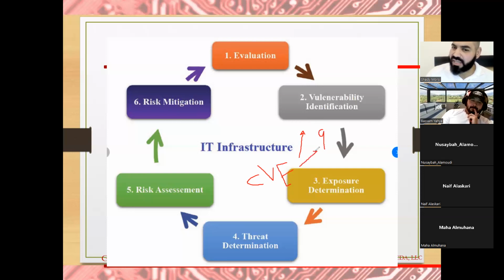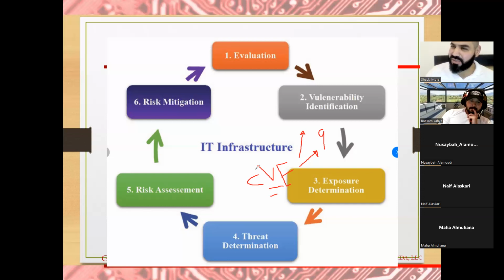It's critical, and the CVE is pointing to it as critical. That means this vulnerability is well known, it's been exploited in the wild, and it exists in your environment. Once you find something critical, you need to go ahead and remediate it or rectify the issue right away.